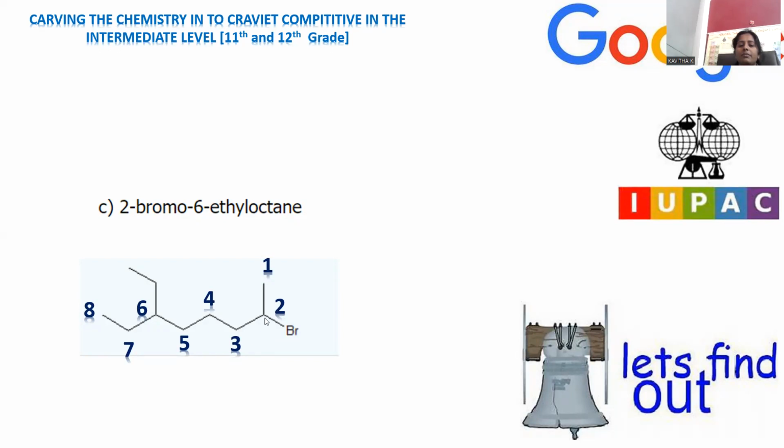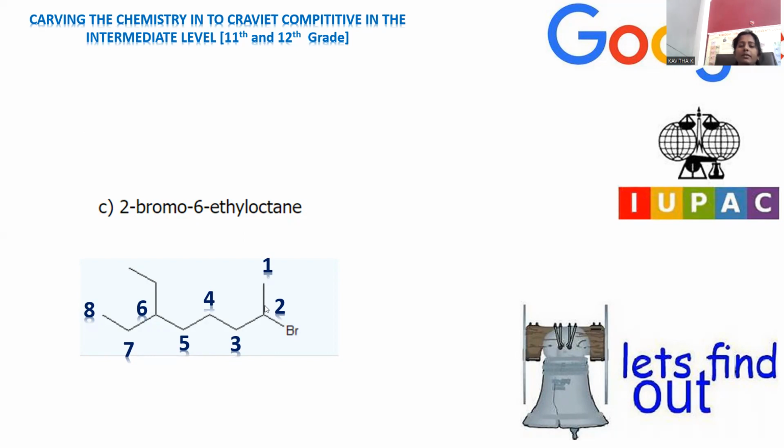Whenever you are starting numbering, you need not go for this as carbon number 1. If you mention this as carbon number 1, the length of the chain will become 7 only. The longest chain of carbon will be the higher priority, and that will become the parent chain. So you have to start numbering from the carbon that has the side chain over here.